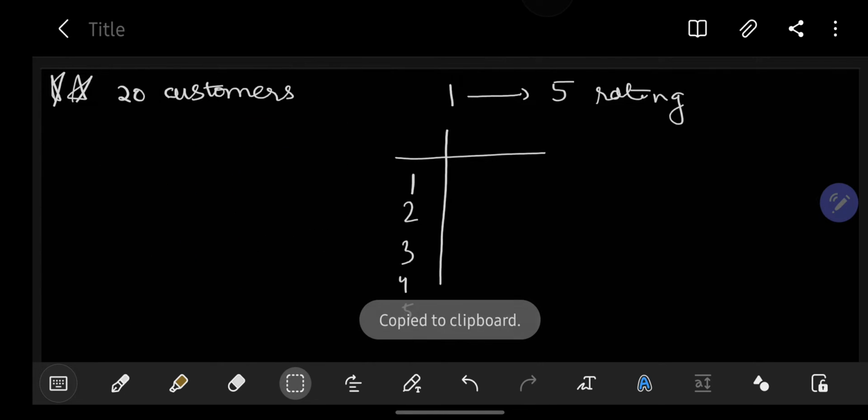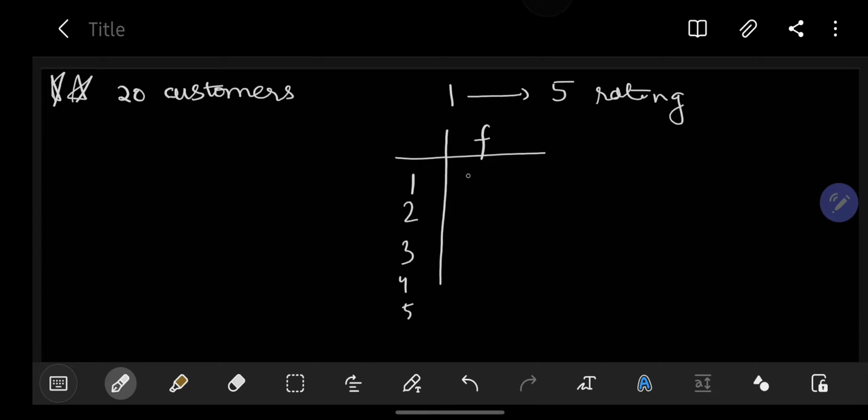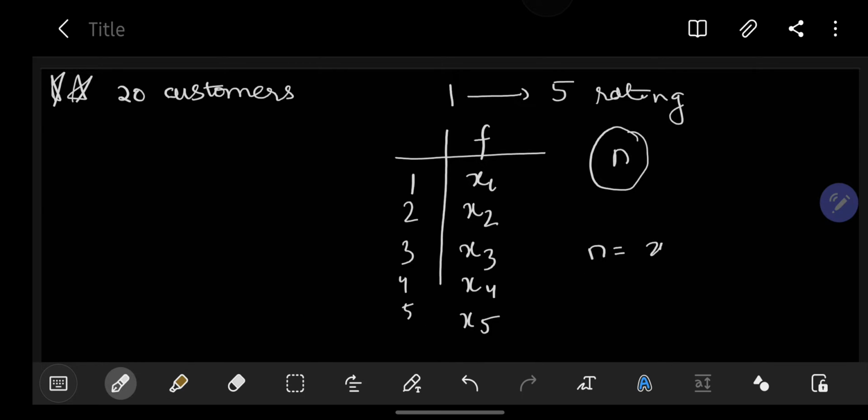Now the thing is, suppose the frequencies were x1, x2, x3, x4, x5, and the total number of customers was n. So we can say that n equals x1 plus x2 plus x3 plus x4 plus x5.